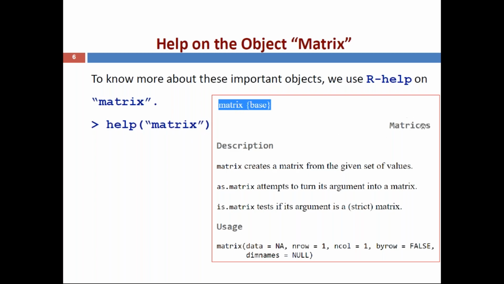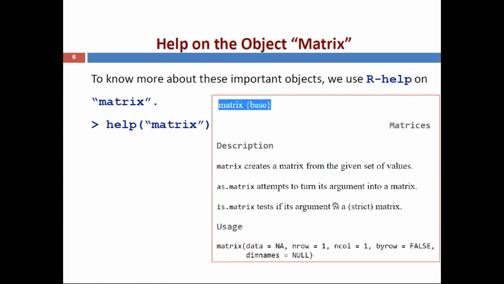First it shows the description. Here you can see the description: matrix creates a matrix from the given set of values. as.matrix attempts to turn its argument into a matrix, then is.matrix tests if its argument is a strict matrix.